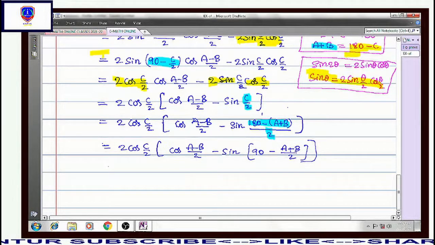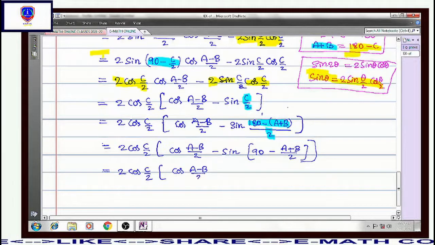All trigonometric functions are positive, and since 90 and 270 occur, our trigonometric function changes sine to cos and tan to cot and secant to cosecant and vice versa. You can understand what vice versa means. Now, this sine becomes cos of (A plus B) by 2.